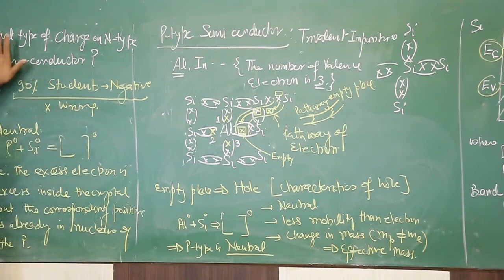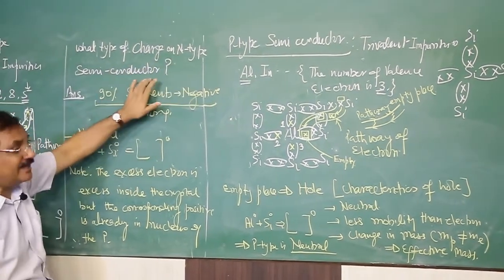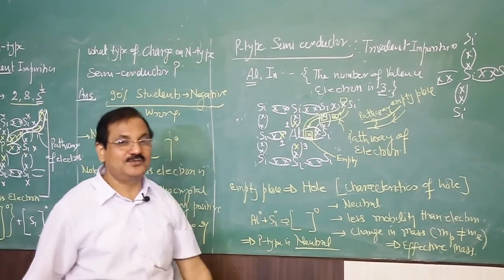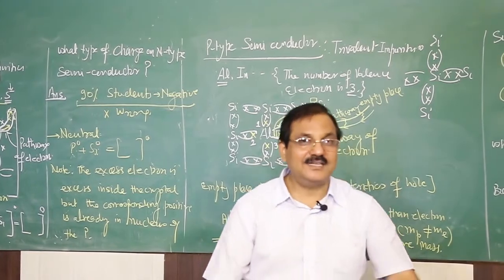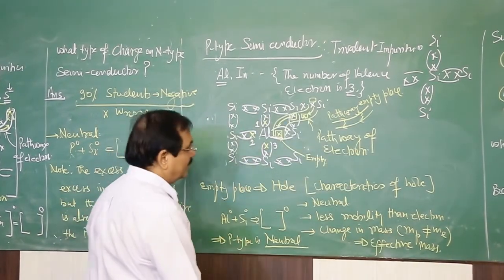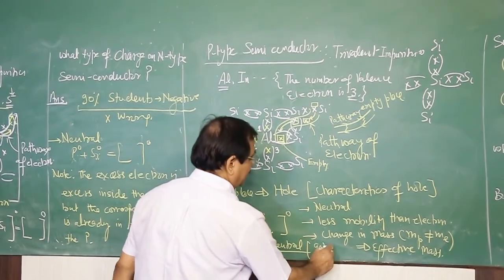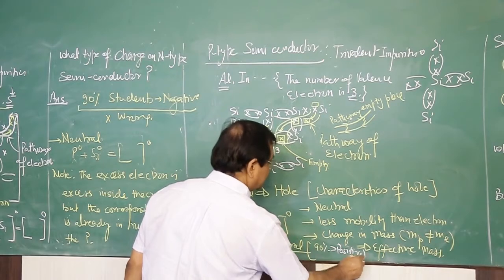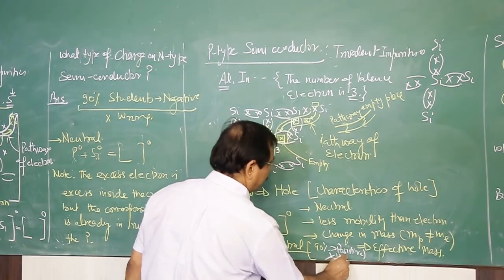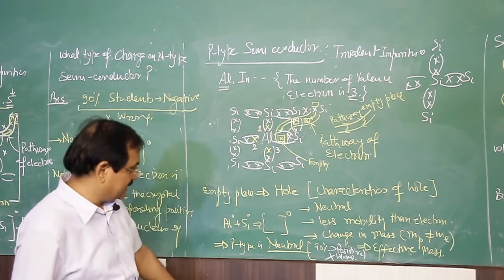Now, if I put the question, what type of charge is on a p type semiconductor? Most of the students say the p type crystal is positive. Again 90% of students reply it is positive, which is again wrong. That is not positive, it is neutral.